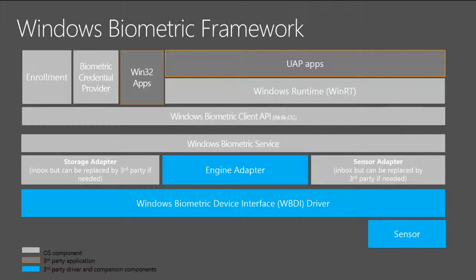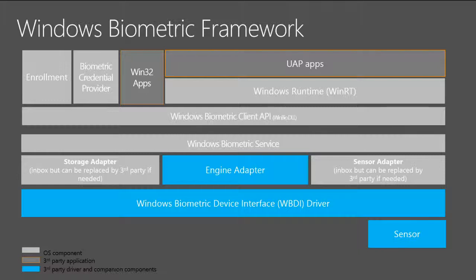We have three different types of adapters. The sensor adapter communicates with the sensor. The engine adapter is our matcher. It's where all the intelligence happens to generate the template and keep the template to compare when authentication happens. The third is our storage adapter, which is used to store those templates securely and offer them to the engine adapter when authentication is happening.